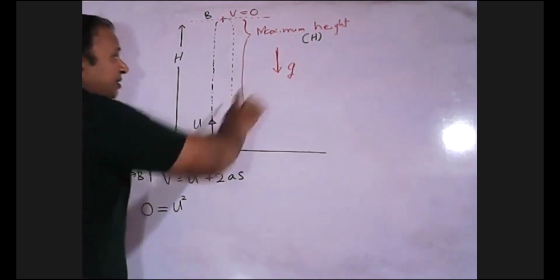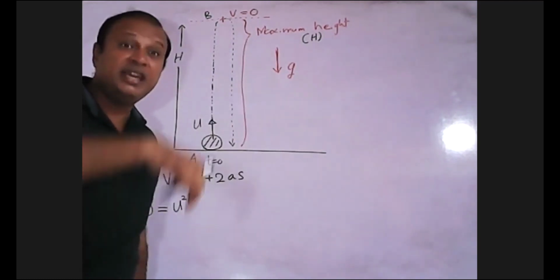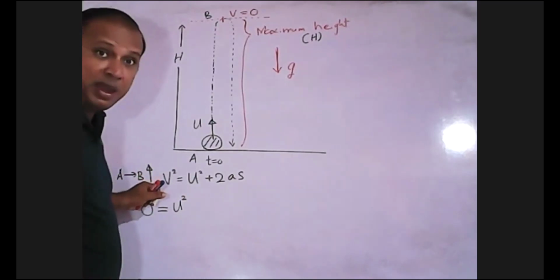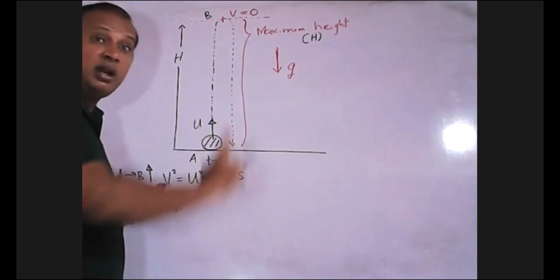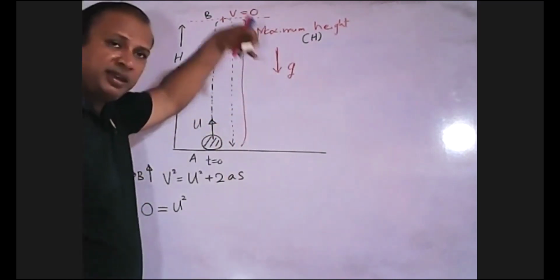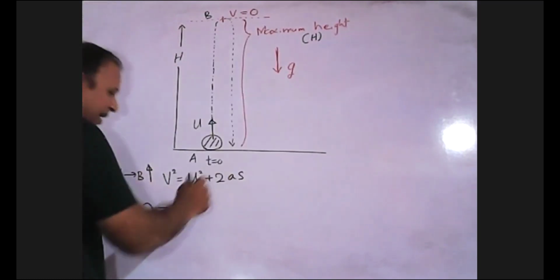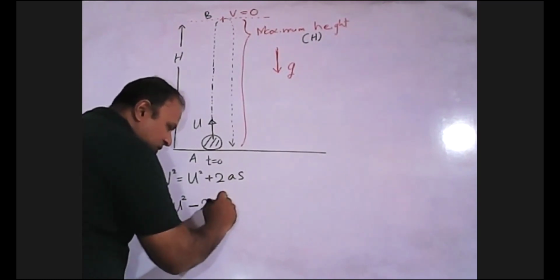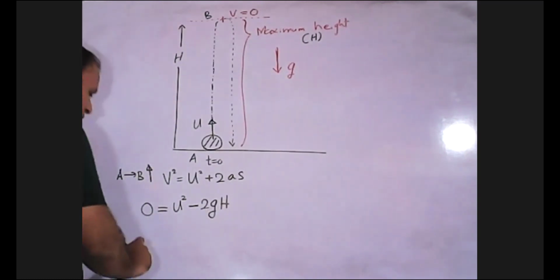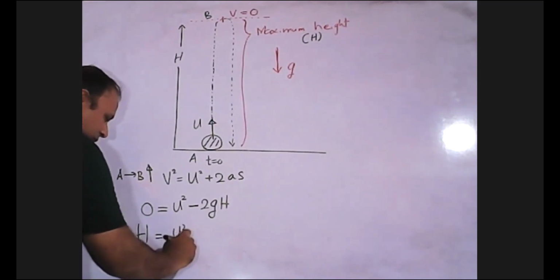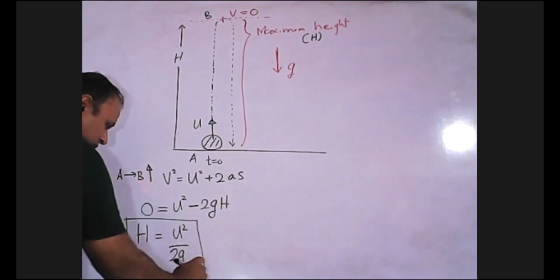Now you know the acceleration is the gravitational acceleration, in the downward direction. But I apply this equation in the upward direction, while the acceleration is in the downward direction. So the acceleration will be minus g, giving minus 2gh. Therefore, the maximum height is equal to u squared over 2g.